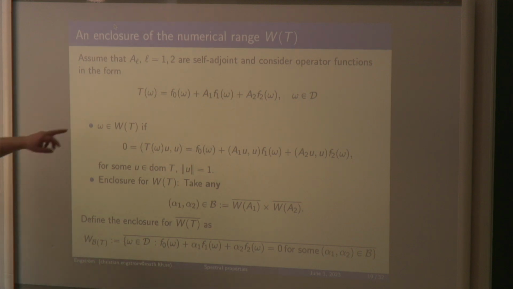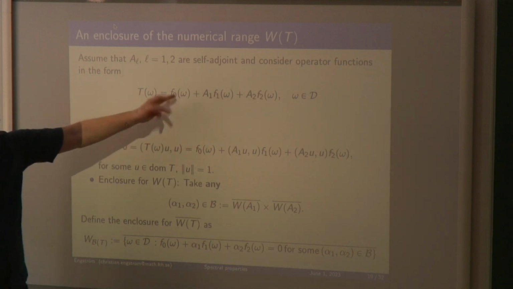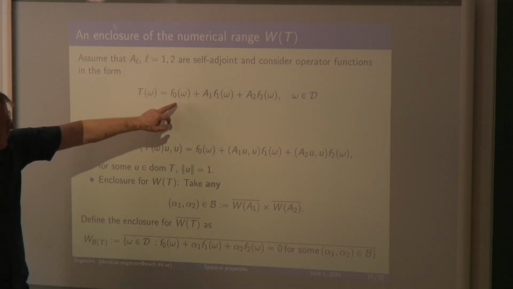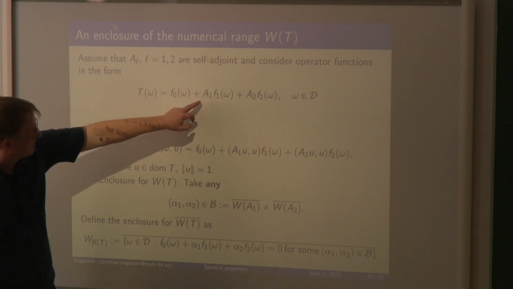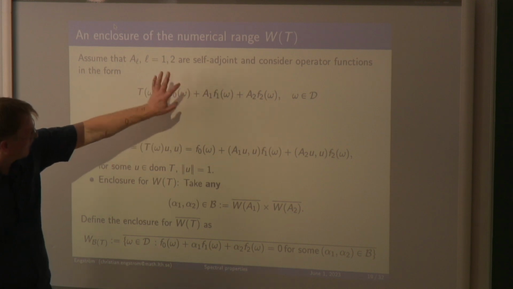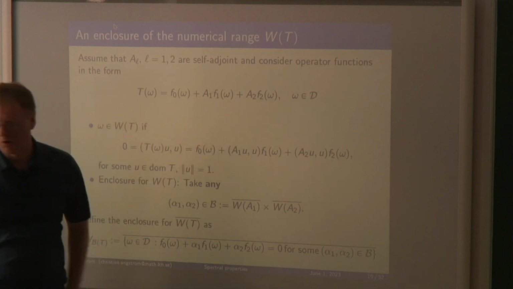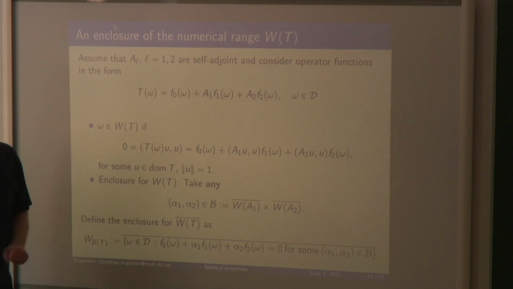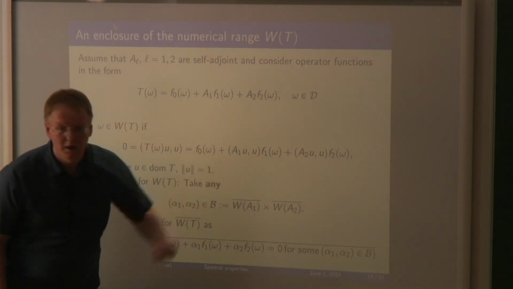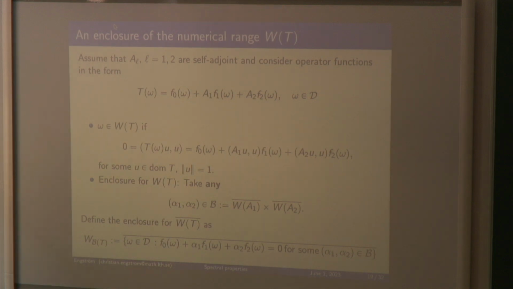So if we have an operator function with some function times the identity, I never write out the identity as you have seen before, so we have some function of omega. We don't talk about exactly how they can look, but kind of arbitrary. A1 and A2 are self-adjoint. Then we know that omega is in the numerical range if this is 0, and we can write out what it means in terms of operations on A1 and A2.